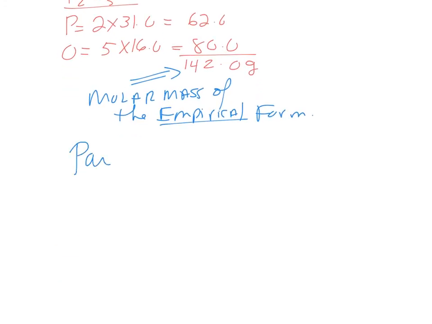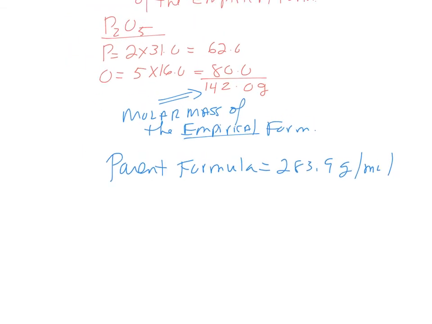Okay, so the parent formula is 283.9 grams per mole. So we want to see how many times the empirical formula fits into the molar mass of the parent formula. Right?